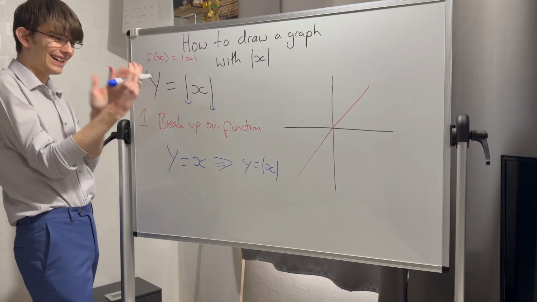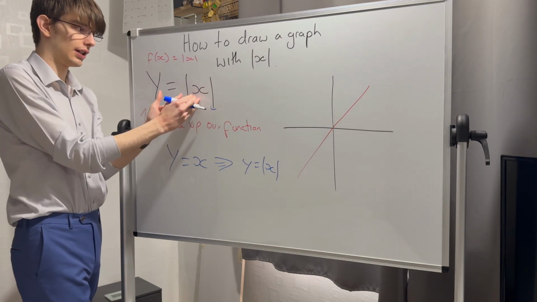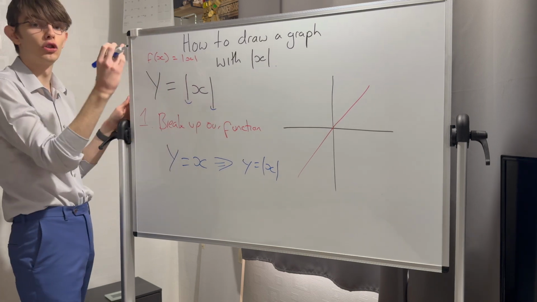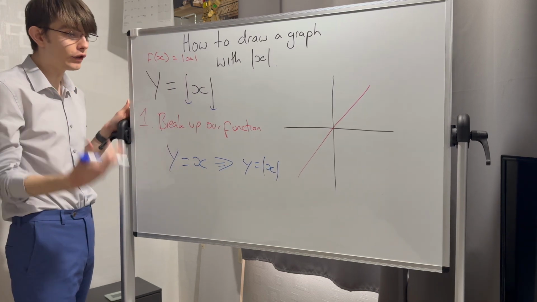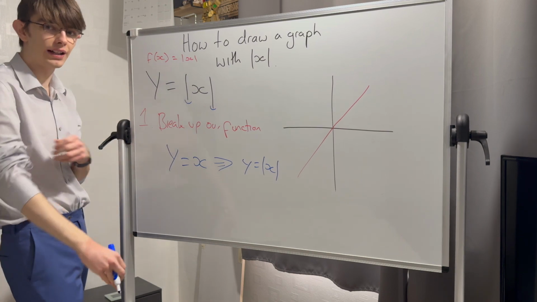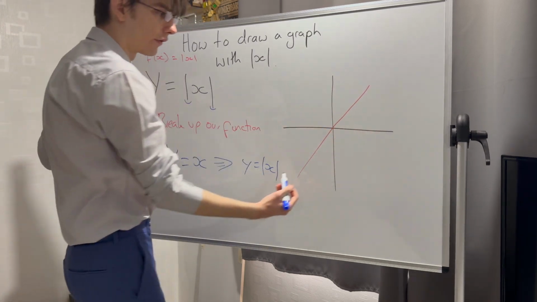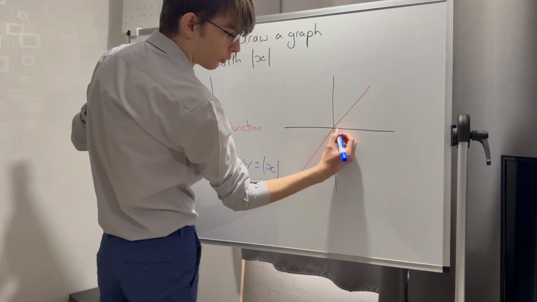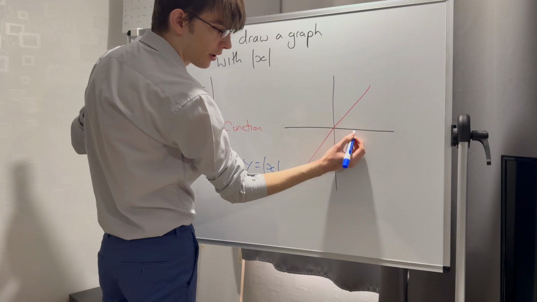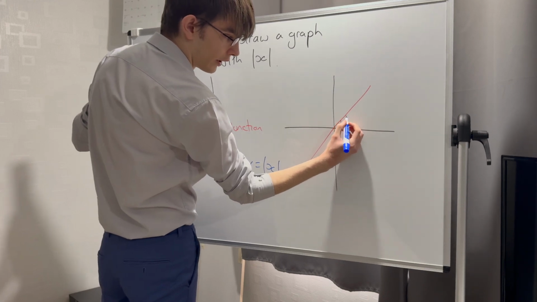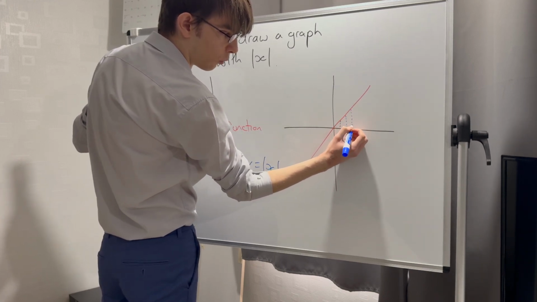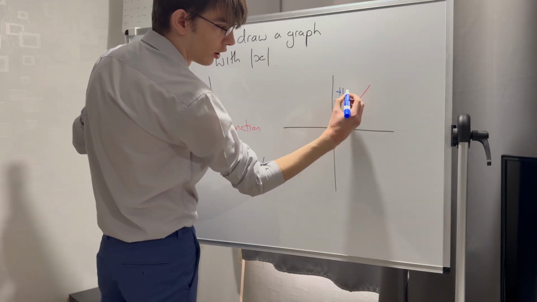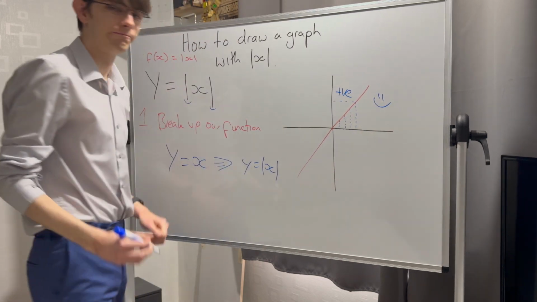Well, I am taking all of my x coordinates and I am applying the modulus. What does that mean? I am forcing them to be positive. If I'm forcing them to be positive, well, I can have a look at my y equals x graph and see what happens. If I take my x coordinates here, anywhere along here, and I find the associated y value on my graph, well, hopefully we can all see that these are going to be positive, which is what I want.